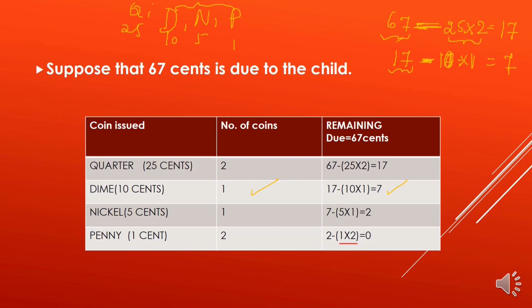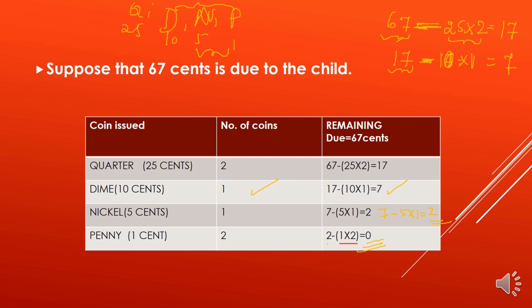Then 7 is remaining. How can I give change from the available denominations? This time I can use only nickel and penny. So nickel is the bigger one. Try with that: 7 minus 5 into 1 will give you 2. After that, 2 is remaining. Penny has value 1, so 2 coins of penny I can give. 1 into 2 gives 0.